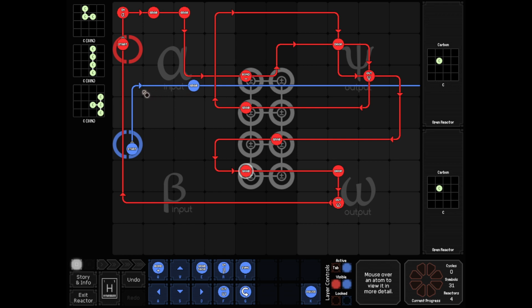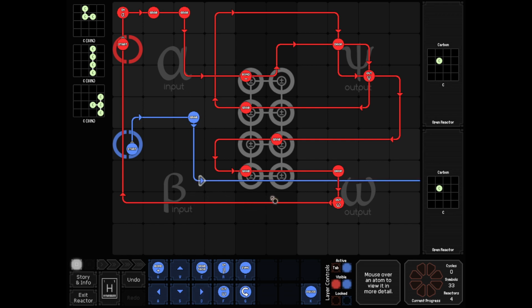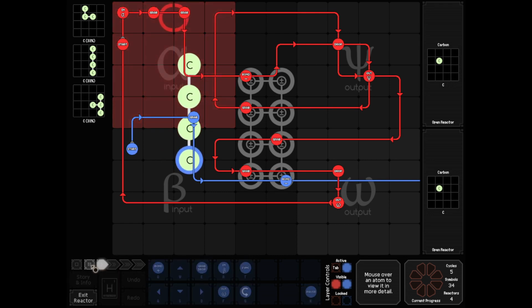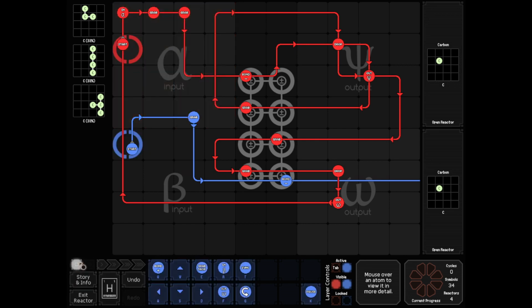That means bond minus. Okay, and yeah, we definitely want to sync. And also, I have the wrong molecule area.